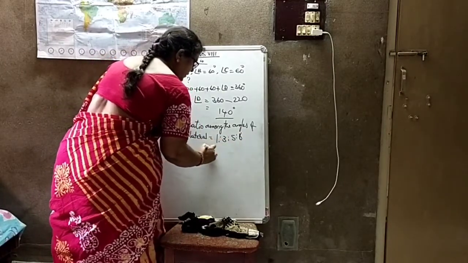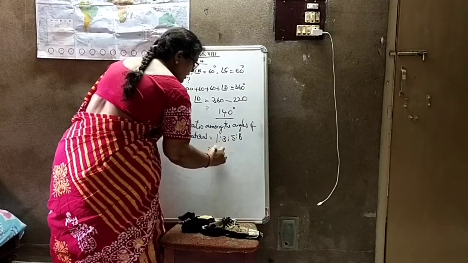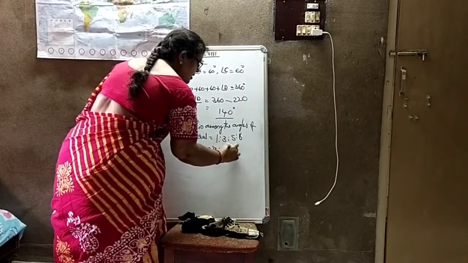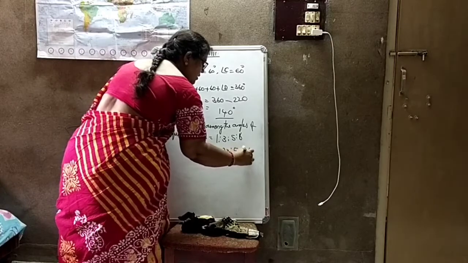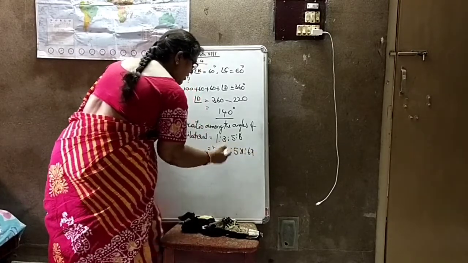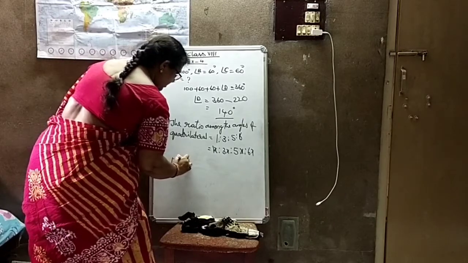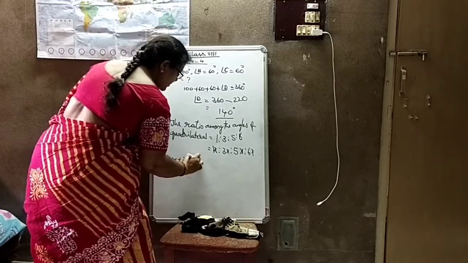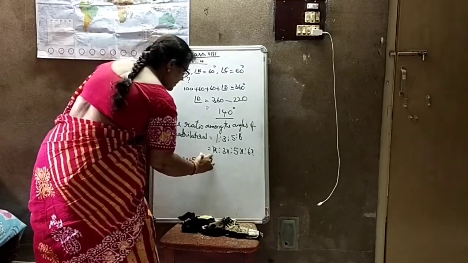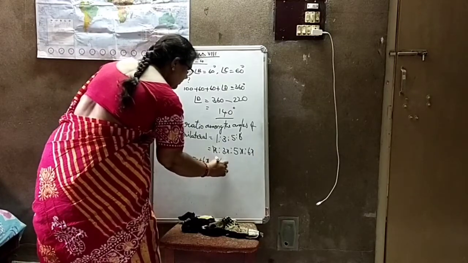It means 1x is to 3x is to 5x is to 6x. What is the smallest angle? Here 1x plus 3x plus 5x plus 6x is equal to 360.